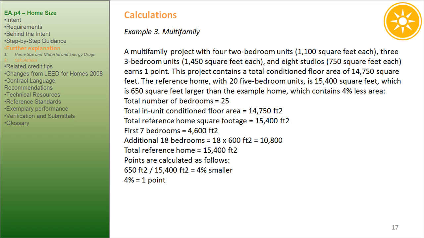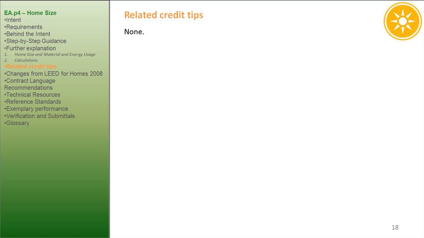Additional 18 bedrooms equals 18 by 600 square feet equals 10,800. Total reference home equals 15,400 square feet. Points are calculated as follows. 650 square feet over 15,400 square feet equals 4% smaller. 4% equals 1 point.